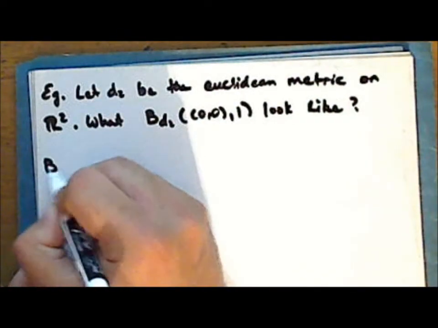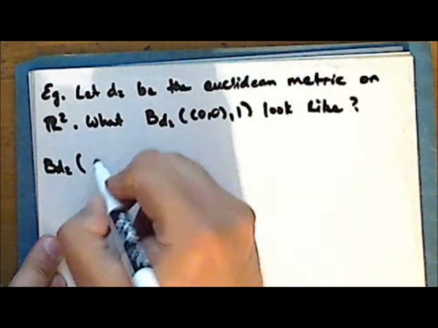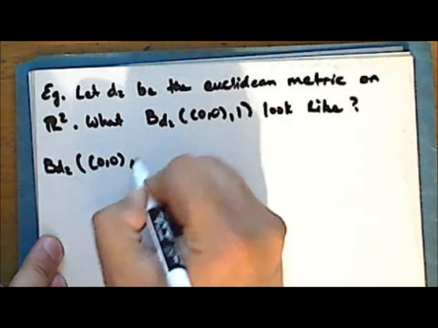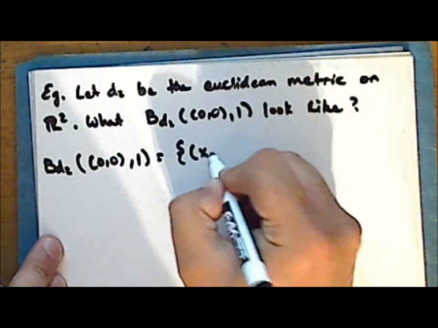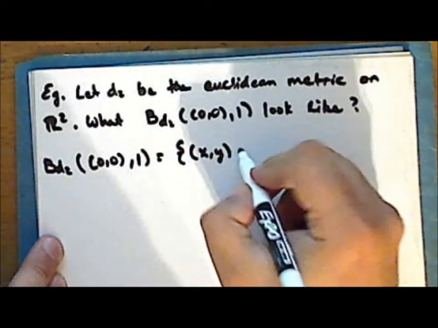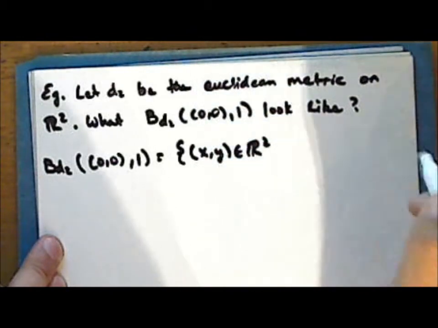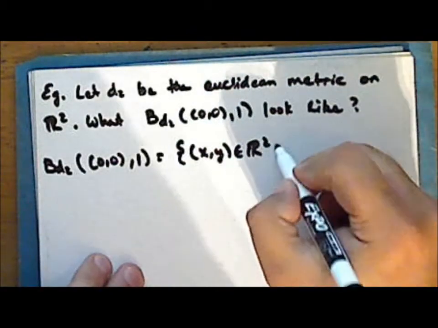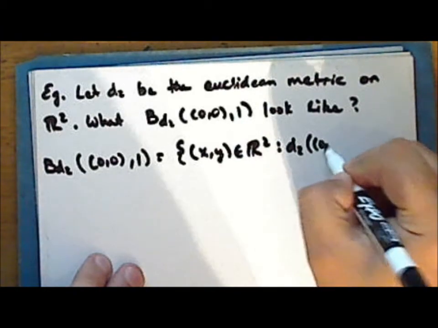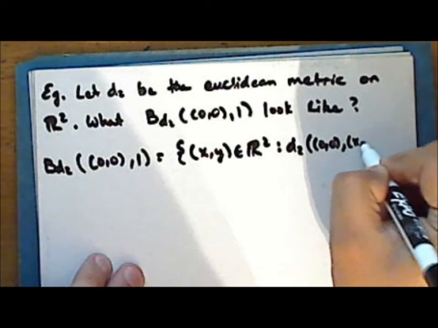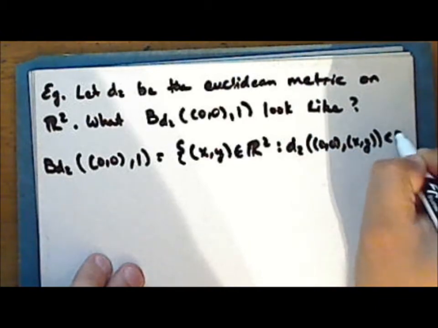The open ball centered at (0, 0) with radius 1 in the Euclidean metric is the set of all ordered pairs (x, y) in two-dimensional real space such that the distance in the Euclidean metric from (0, 0) to (x, y) is less than 1.